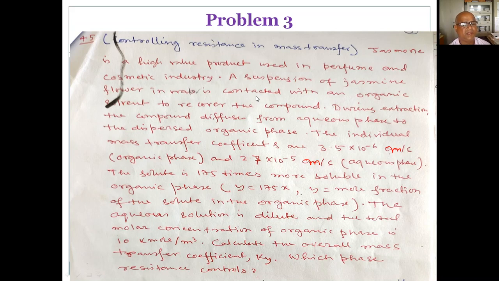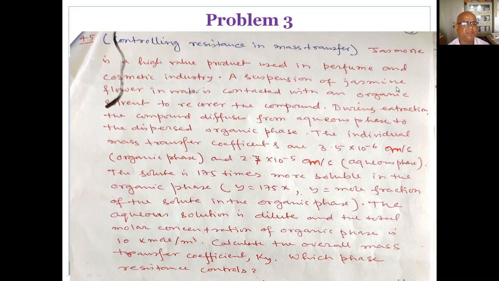After crushing the jasmine flower, it is in the water phase. Now I have to separate this from water. So how will you separate? I use one organic phase, so that jasmine will come from the water phase to the organic phase. So that is the concept.